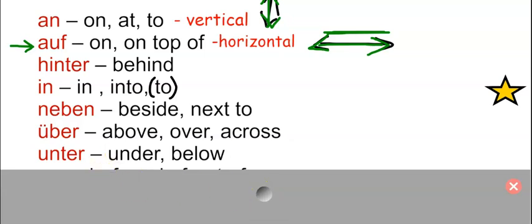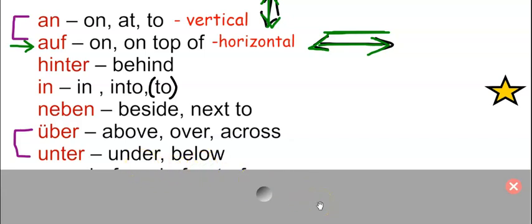Now we have these two that usually pair pretty nicely together. Über means over or above, can be across. We've already seen gegenüber in our dative. Unter means below or under.